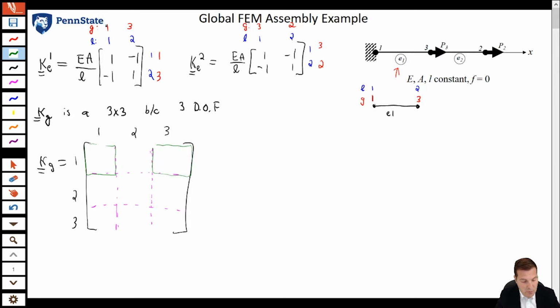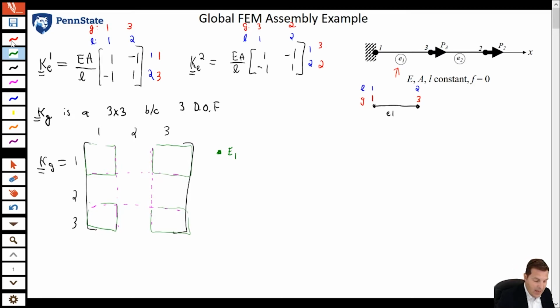Then 3 and 1, row 3, column 1, that's going to be down here. And then our 3, 3 is going to be here. Okay, so that'd be element 1. So we can fill that in.